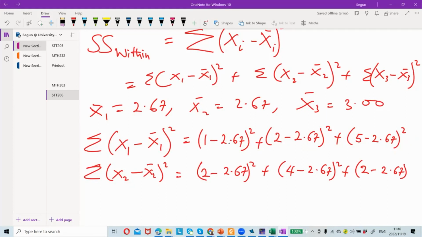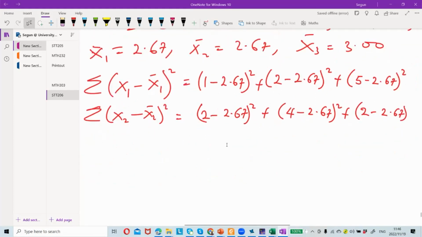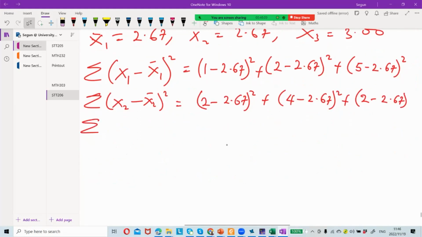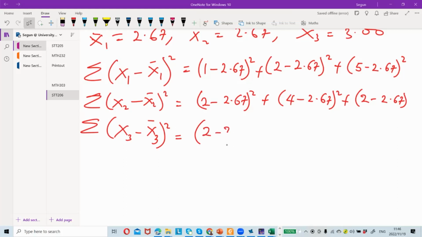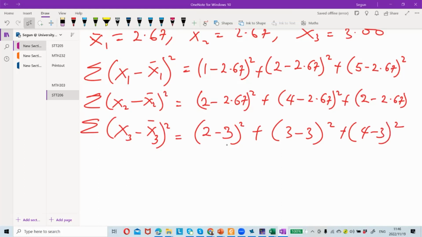Don't let me put plus here so that you won't be confused. So S3 is what? 2 minus 3 plus 3 minus 3 plus 4 minus 3.